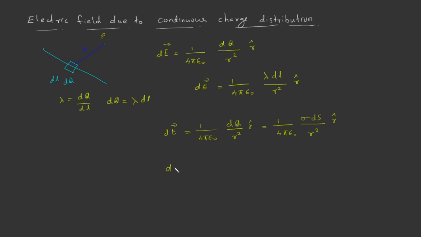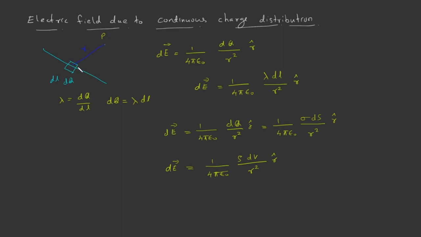And for volume charge distribution, we can write 1 by 4 pi epsilon 0 rho dV divided by r square into r cap, where rho is the volume charge density. To find the total electric field, we need to integrate this dE component within the limits.